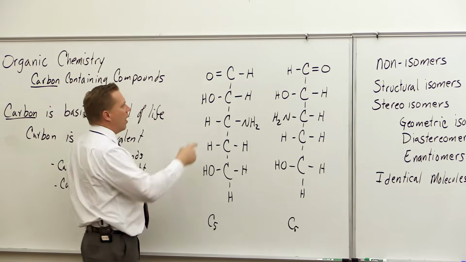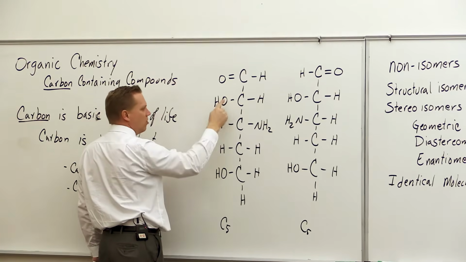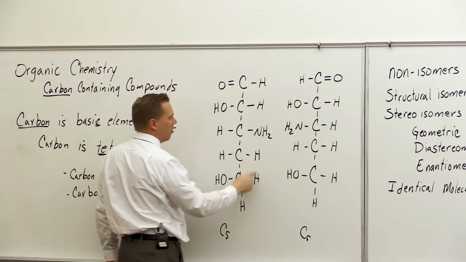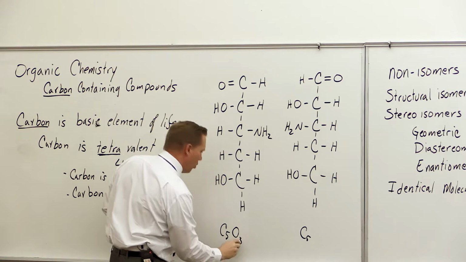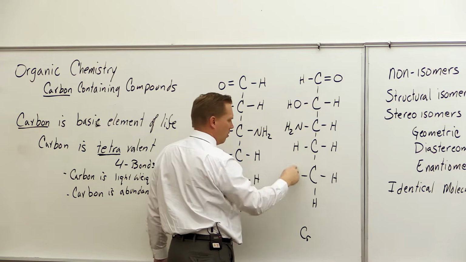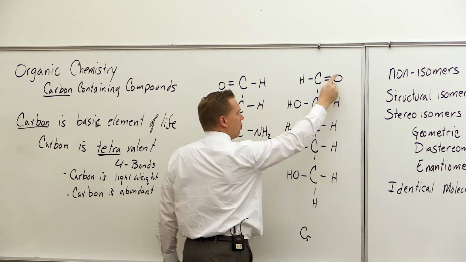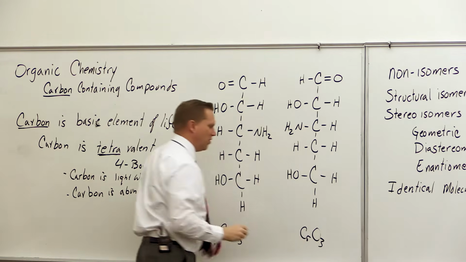So I'm going to go around the molecule. I've got 1, 2, 3 oxygens. So here I'm O3. And then here I've got 1, 2, 3. So here I'm also 3 oxygens.